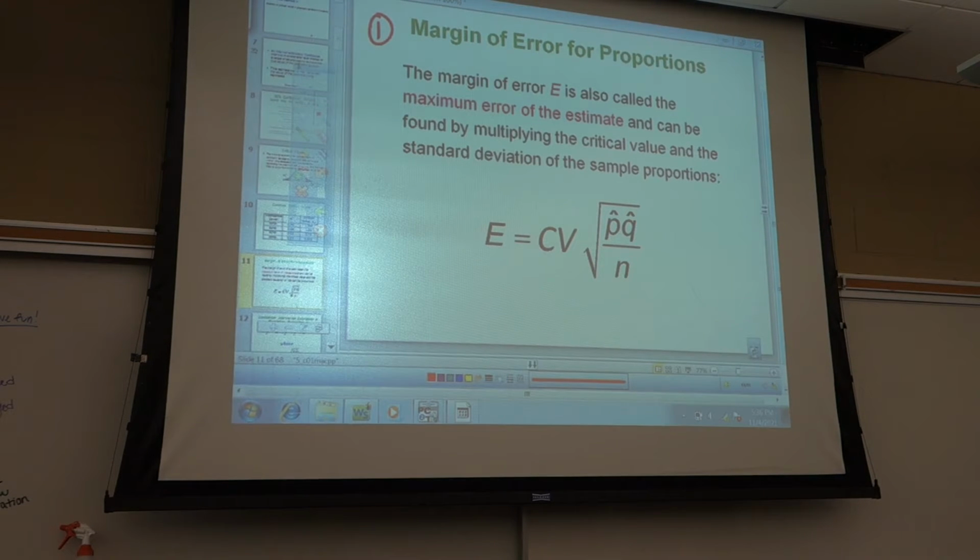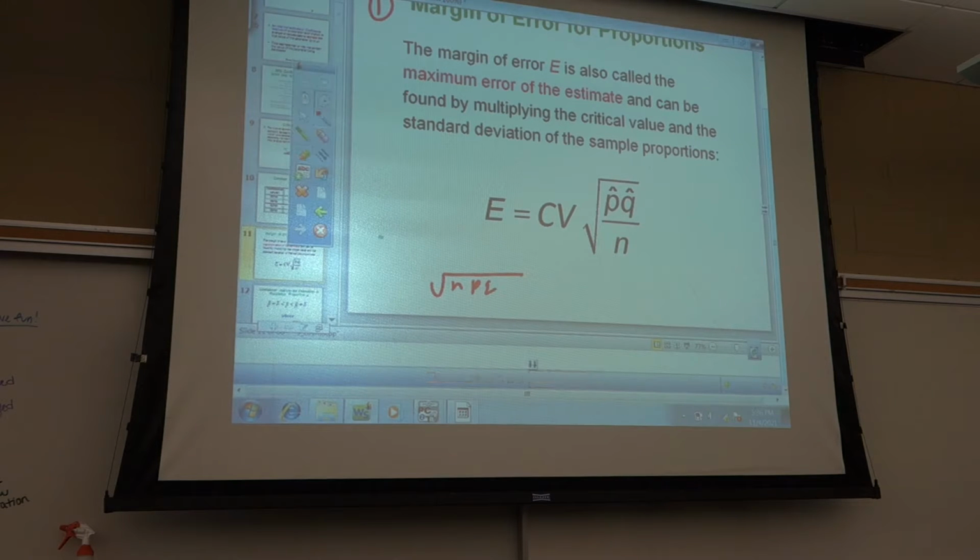Where does that come from? It comes from the fact that, remember, our standard deviation for binomials was square root of npq, right? But the thing is, we're doing it per item. This is for n items, a variation for n items. For one item, you take the average, you divide by n.